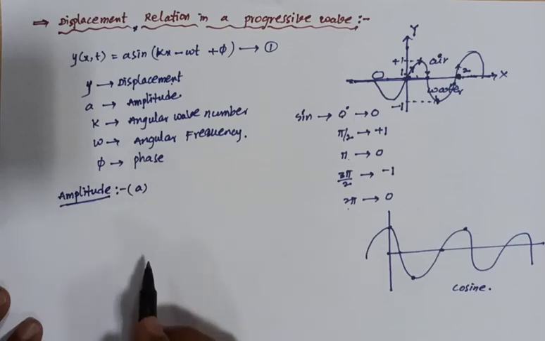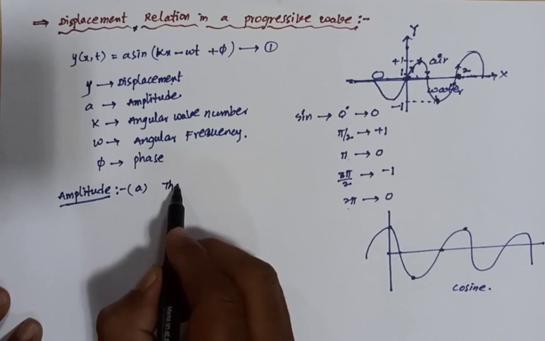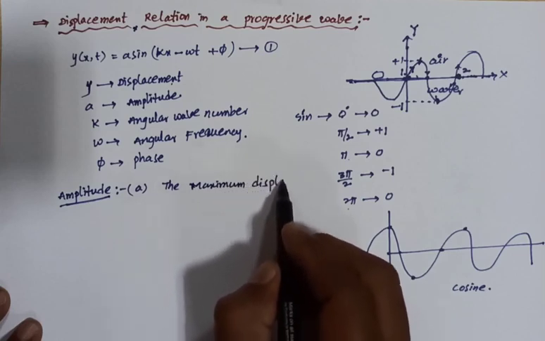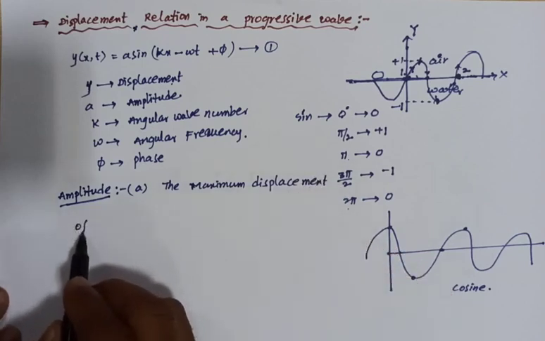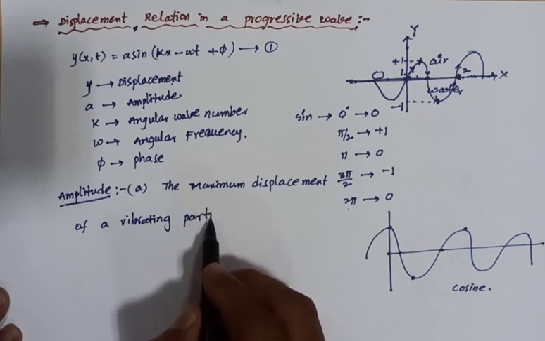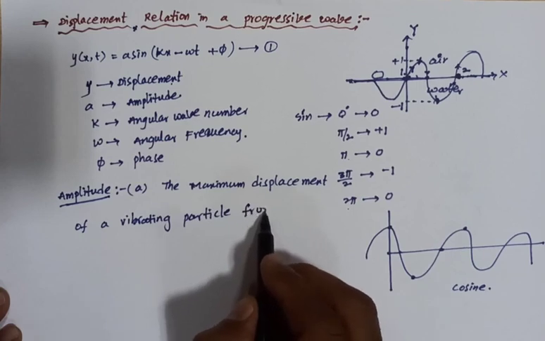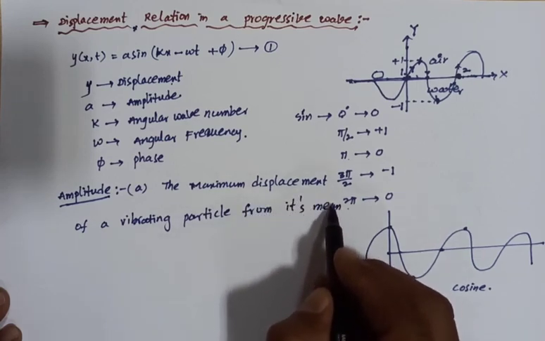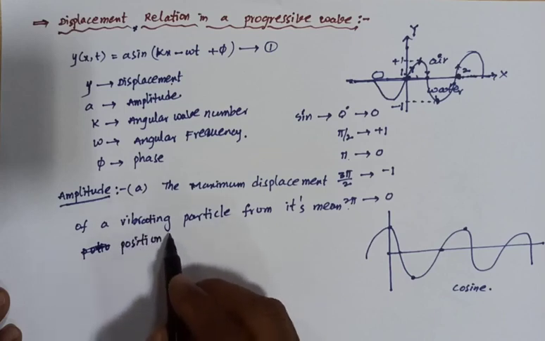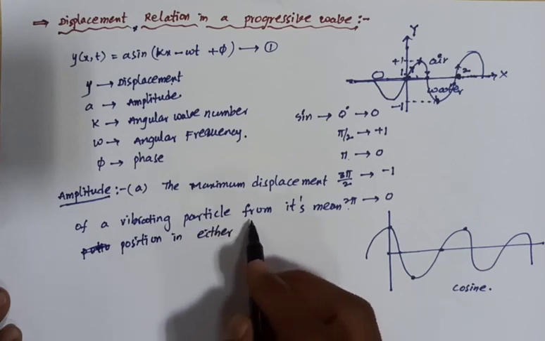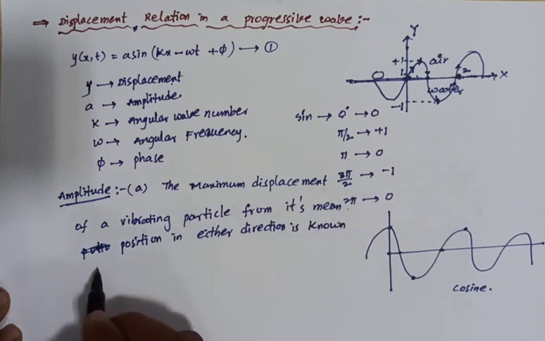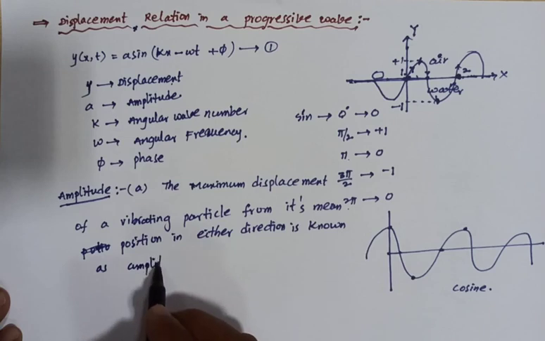Amplitude is denoted as A. Amplitude is the maximum displacement of a vibrating particle from its mean position in either direction.